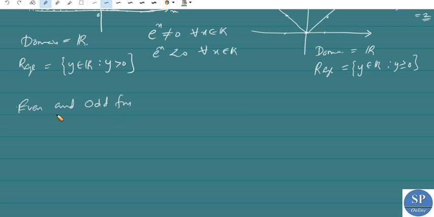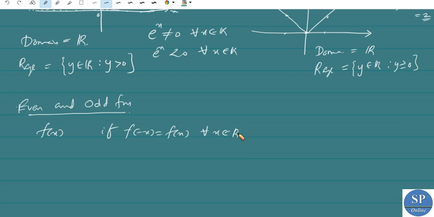Okay, a function f of x is said to be even if f of minus x is equal to f of x itself for all x belonging to the domain of the function.